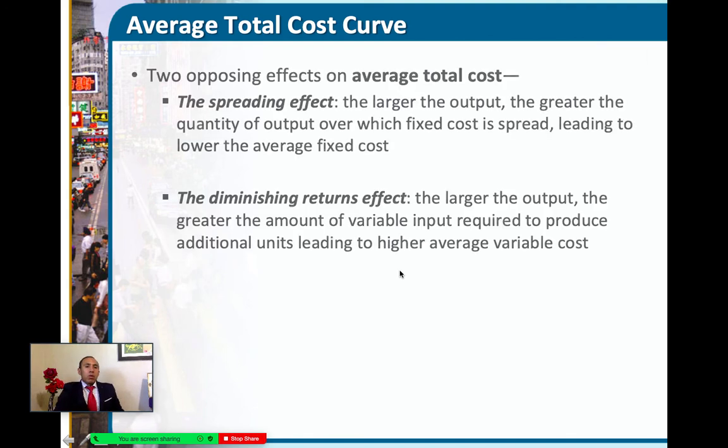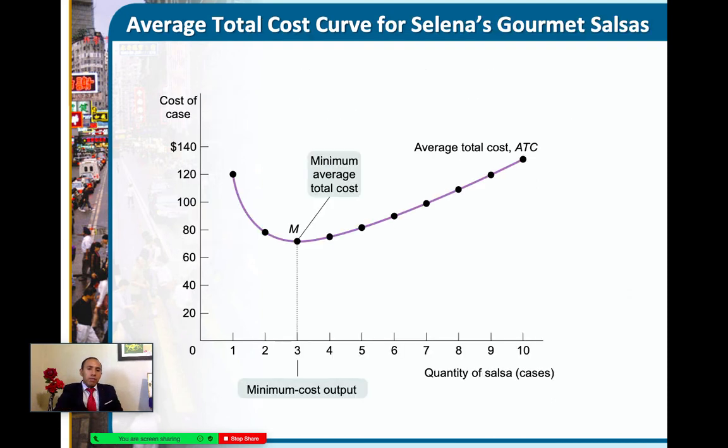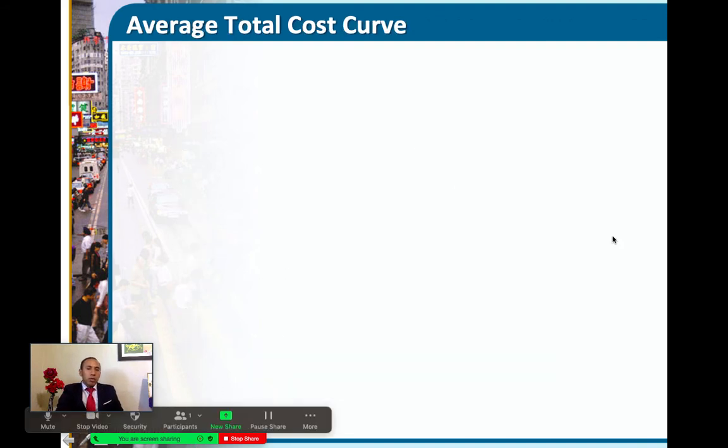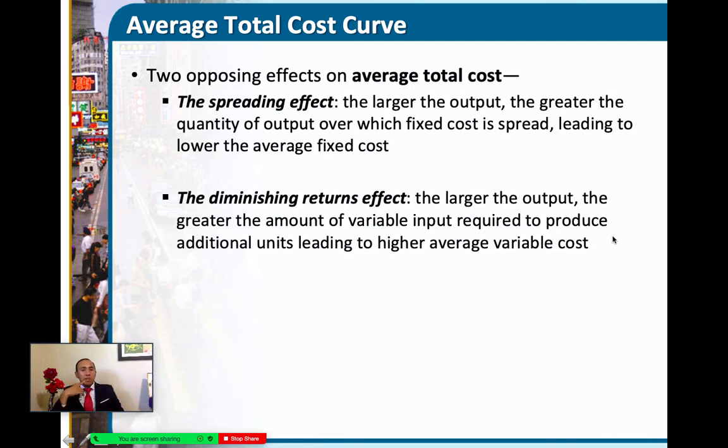Now, the average total cost curve has 2 main reasons why it's U-shaped. In the first quadrant here, it decreases for one main reason, and then after point M, the minimum cost point, it begins to rise for a secondary reason. And that secondary reason is referred to as the diminishing returns effect.